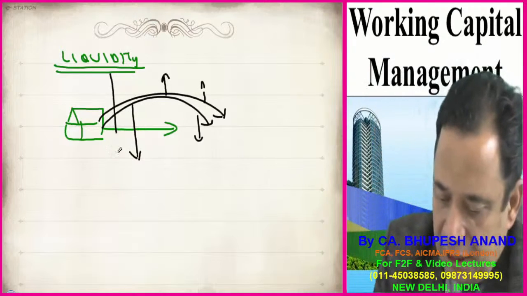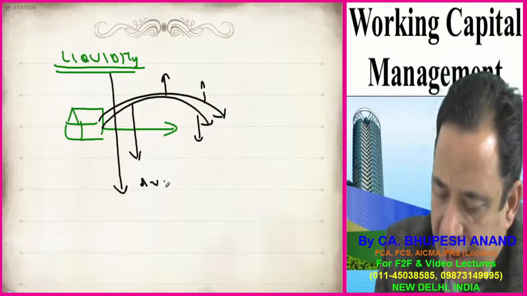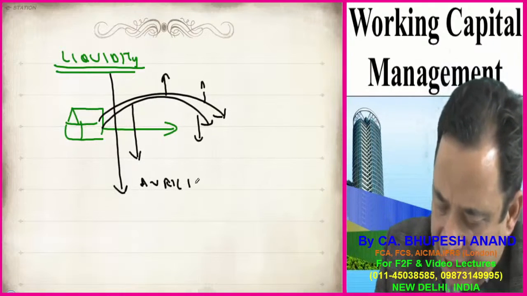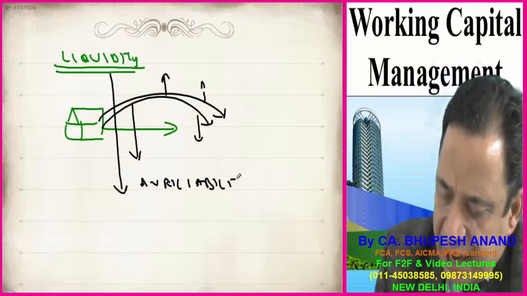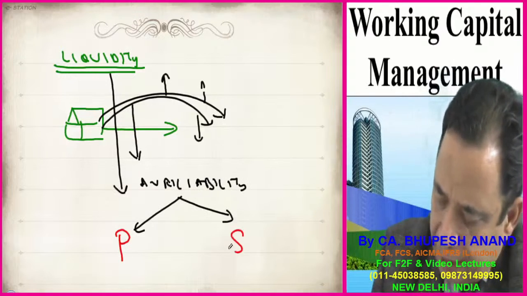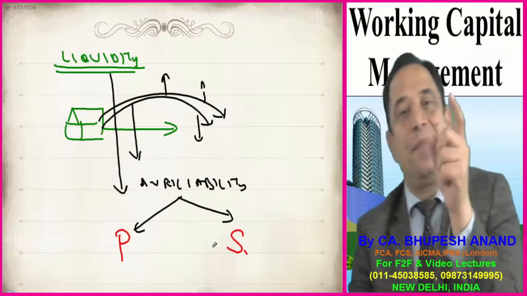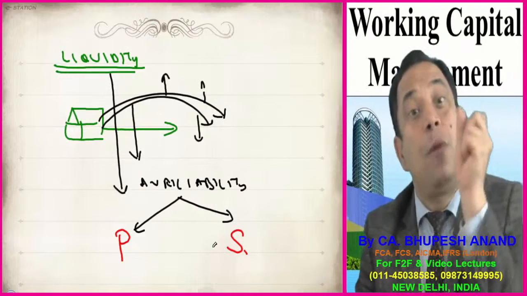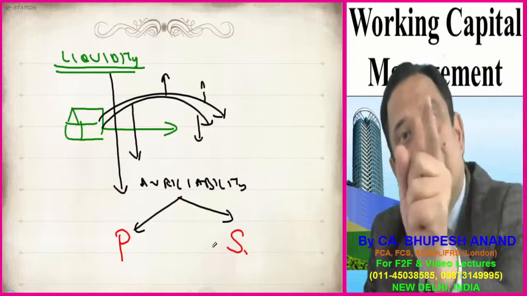So liquidity is availability of cash, how quickly, and availability of cash can be possible with the help of two sources. One is primary and second is secondary. Primary is the main source. Primary is through operating activities. Primary is through your main business.